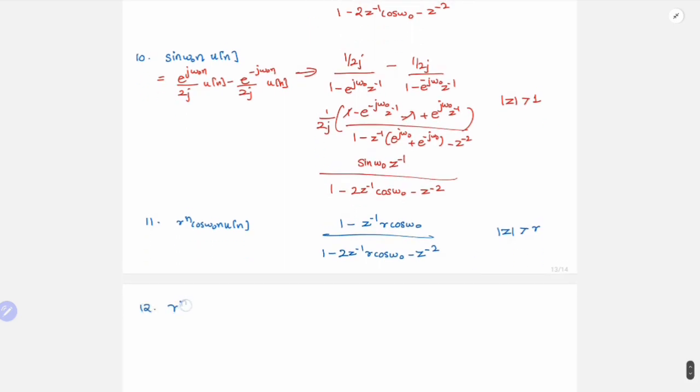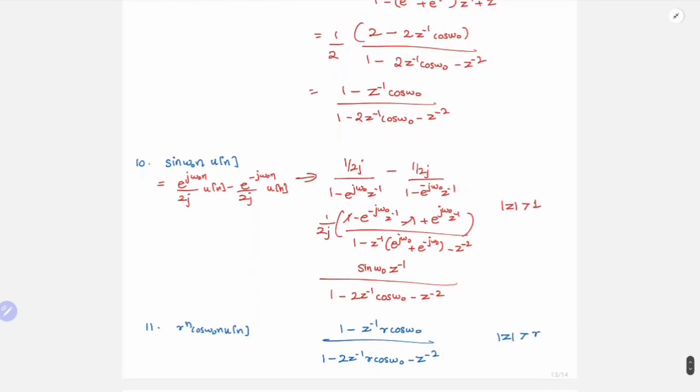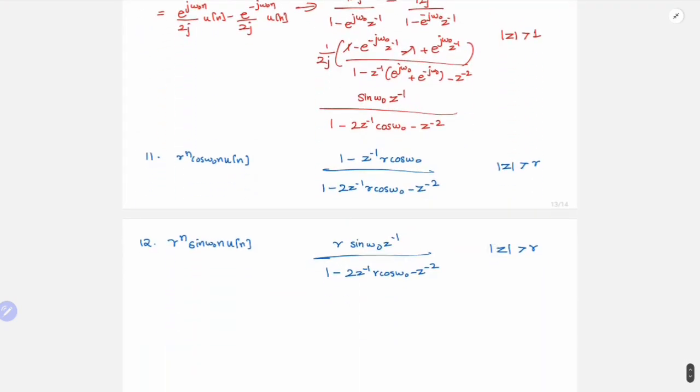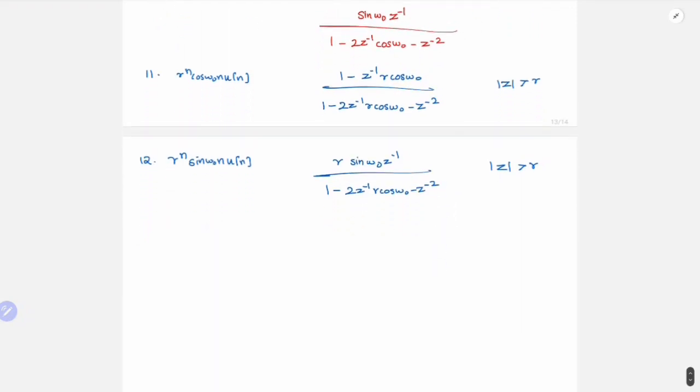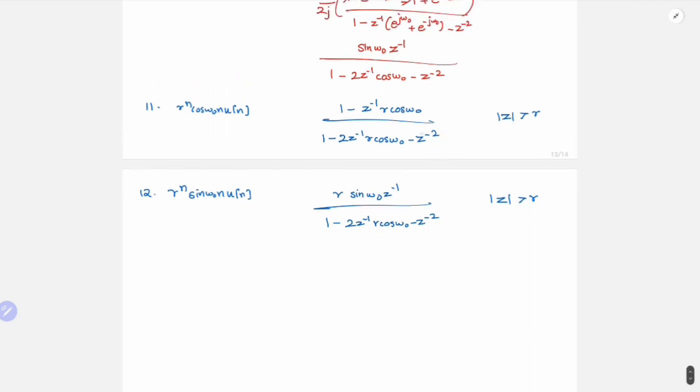Similarly for the 12th one, if you have r power n sin omega naught n u of n, you will have r sin omega naught z inverse by 1 minus 2 z inverse r cos omega naught minus z inverse square, and your ROC is mod z greater than r. So these are the basic Z transform pairs we would require. And you can easily get back your inverse Z transform if you know this relation, and if you have your Z transform in this form.